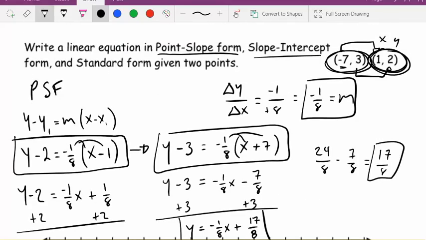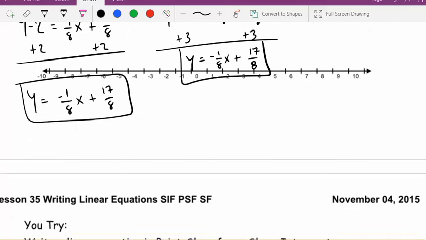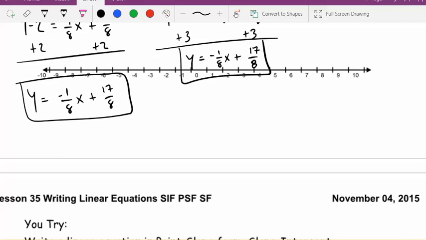That was slope-intercept form, and then we want standard form. So now let's go from slope-intercept form to standard form, and all that means is we want to get rid of our fraction. So what's going to get rid of that fraction? If we multiplied this whole equation by the denominator, good.